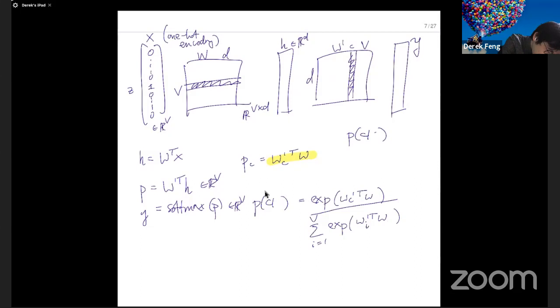This is Z. I'm conditioning on the word Z. And W here is the embedding. I guess you could also call it phi. That would also be appropriate.